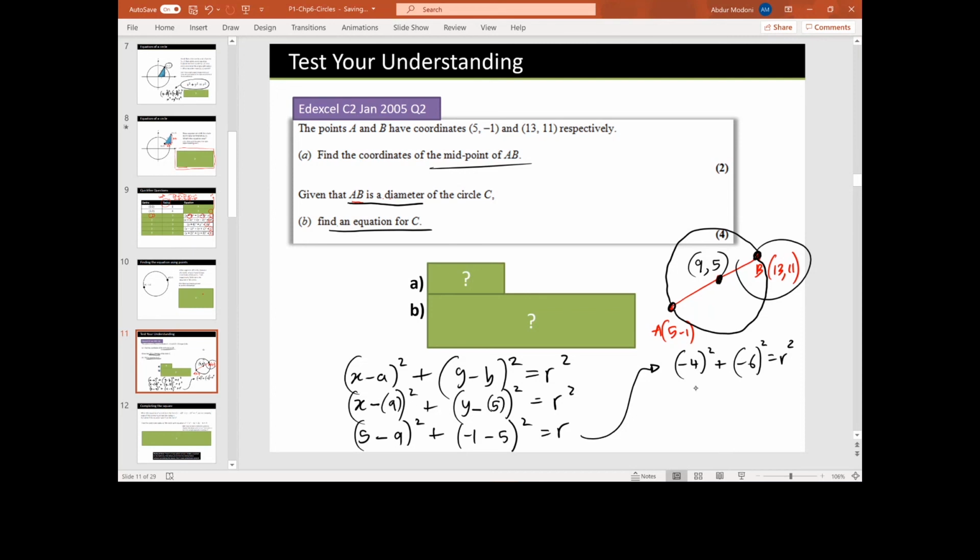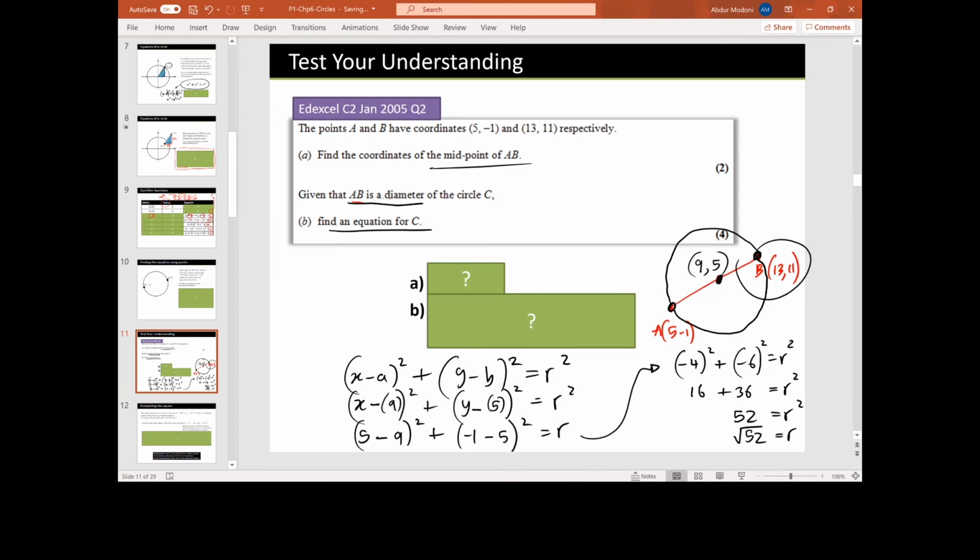If I tidy this up, I've got 16 plus 36. Remember, you're squaring a negative number, you'll get a positive. So 36 plus 16 is 52, which is equal to r squared. Yes, r is the root of that. You can find that there.